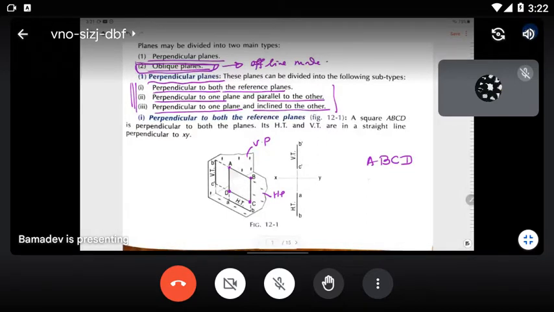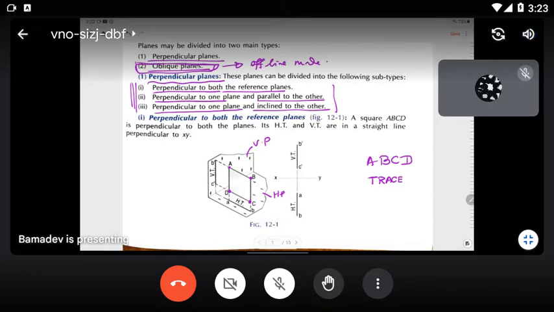I will introduce a new concept, that is trace. What is a trace? Try to understand. Suppose you imagine the plane ABCD is extended towards the vertical plane. Once again, I'm repeating. Imagine the plane ABCD is extended towards the vertical plane.